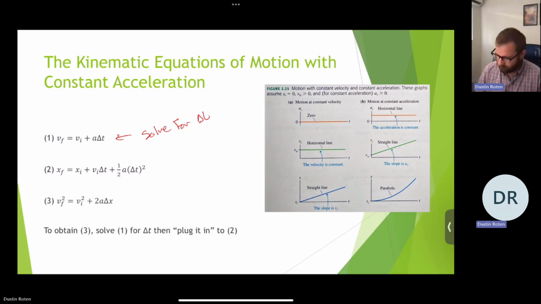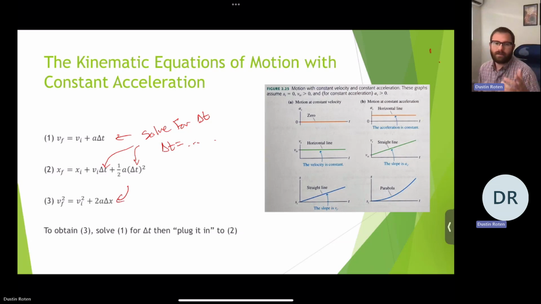So delta t equals stuff. So delta t equals, you want to fill in what's there. And once you do that, you'll plug it in here. Okay, so you'll have delta t equals a few terms, plug that in, and when you turn the crank on the algebra, you're going to get equation number 3.